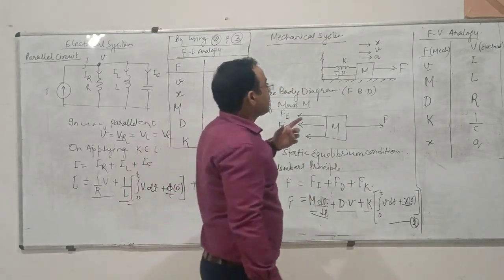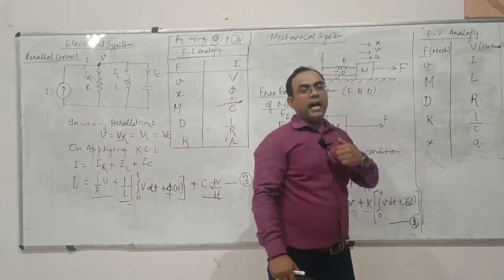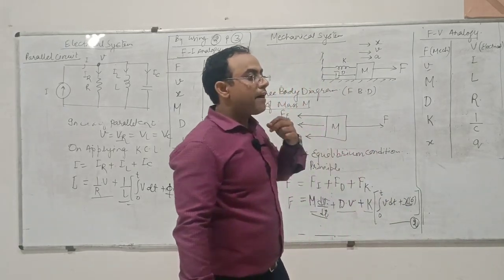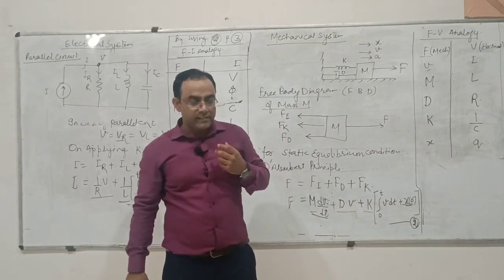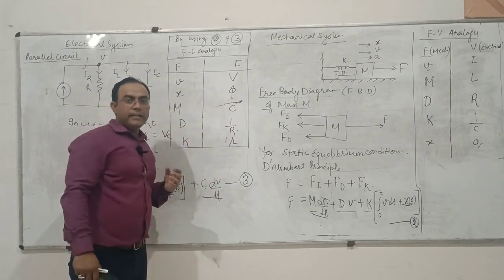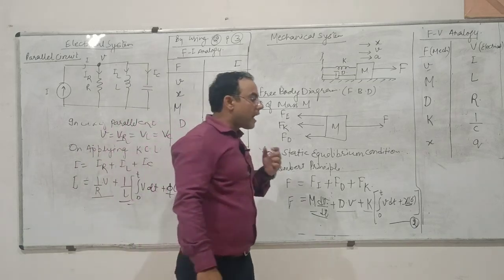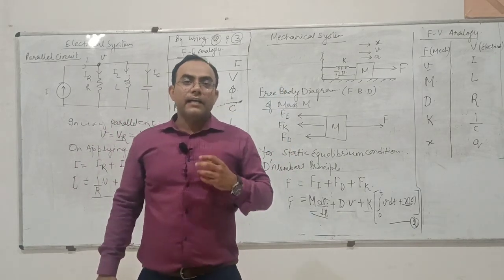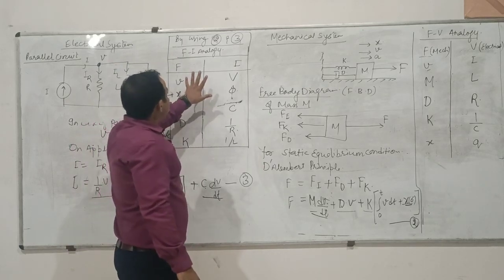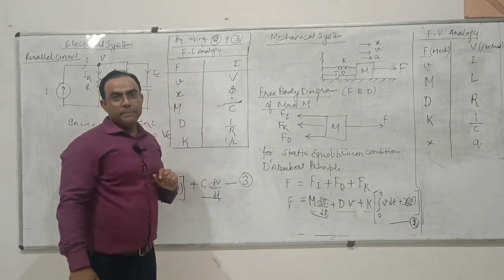If we take the FV analogy, then we have to apply the KVL equation, or we have to connect all the elements in series, whereas in the case of the FI analogy, we connect all the elements in parallel form, and with the help of the FI analogy.